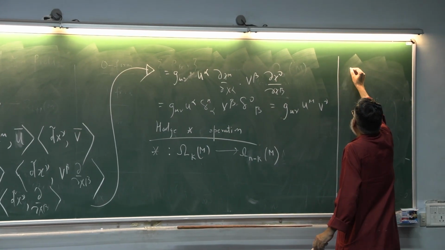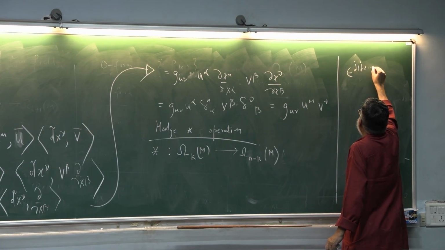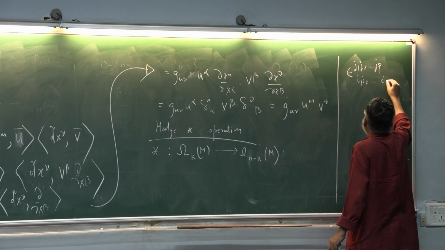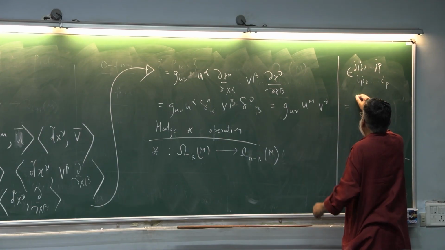The Levi-Civita notation, epsilon J1, J2, Jp, I1, I2, Ip is such an object. It's totally antisymmetric. Means what?